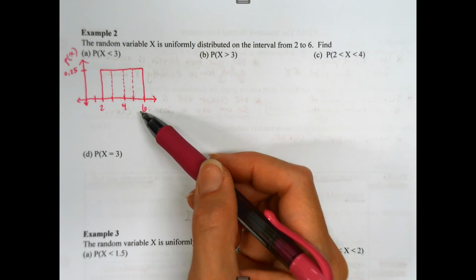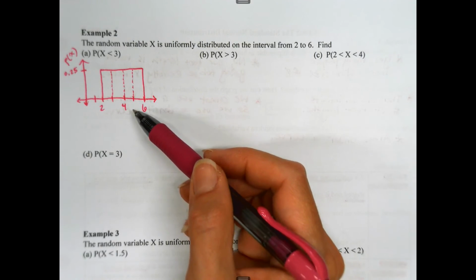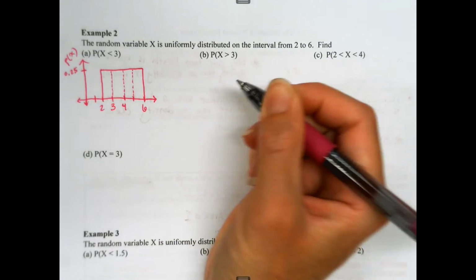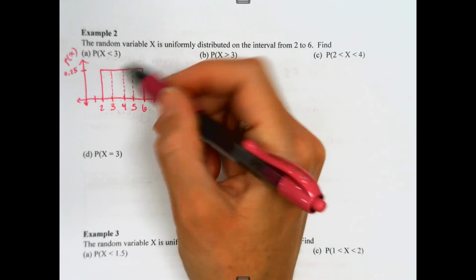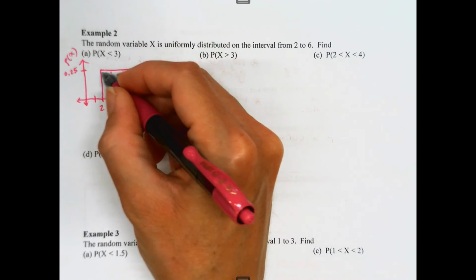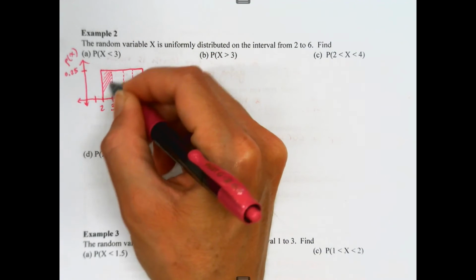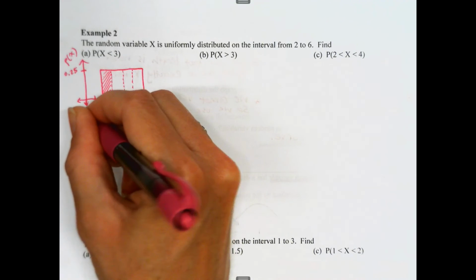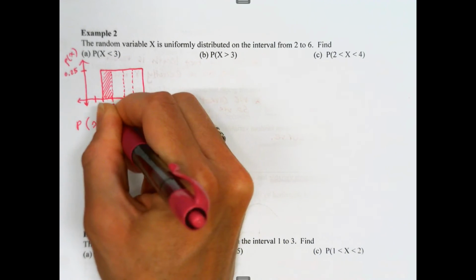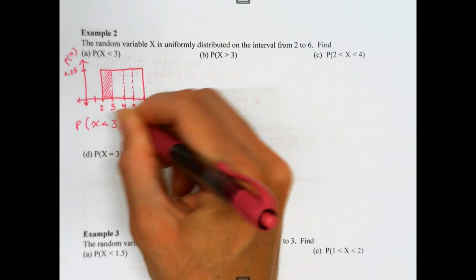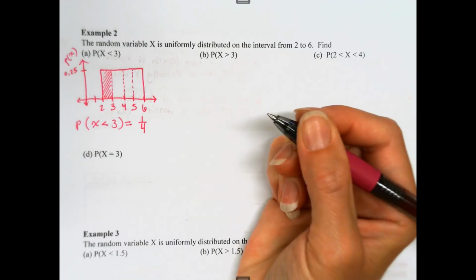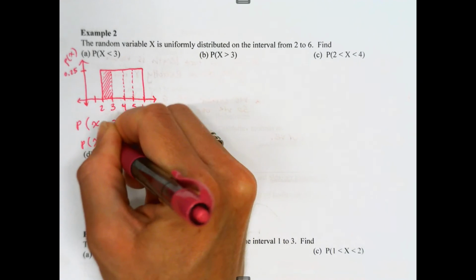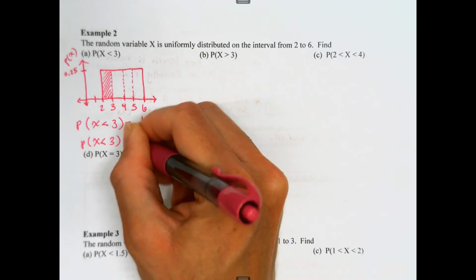So here we want to know what's the probability that our x value is less than 3. Anything that is less than 3 is going to be this piece here. So we can say that the probability that x is less than 3 is equal to a fourth, or you could say it is equal to 0.25.